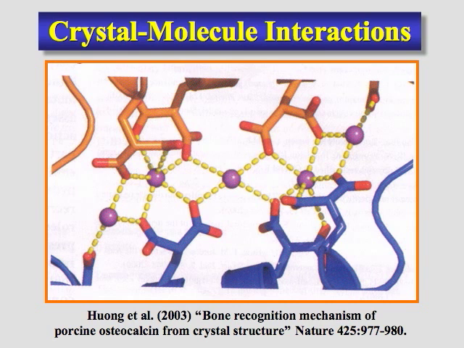So here you see 2 glutamic acid residues, 2 from a second osteocalcin molecule, and you see how in this work by Hong et al., which was published a few years ago in Nature, there's a very strong interaction between the mineral and the molecule, an intimate interaction between glutamic acid and those calcium atoms.